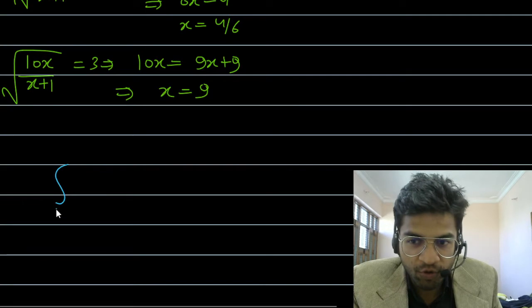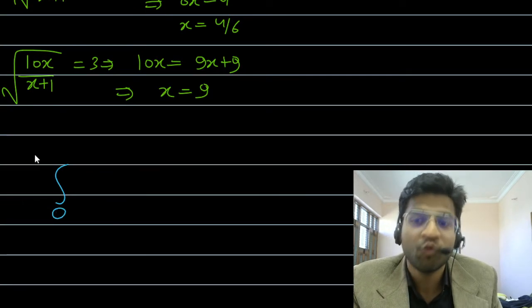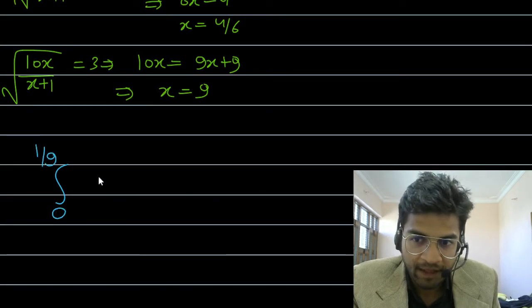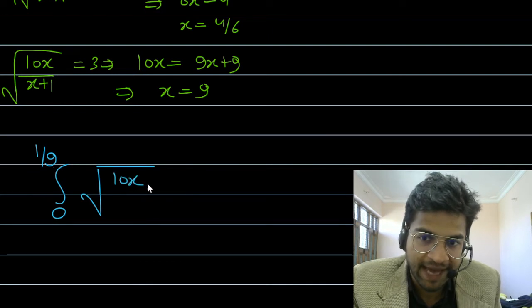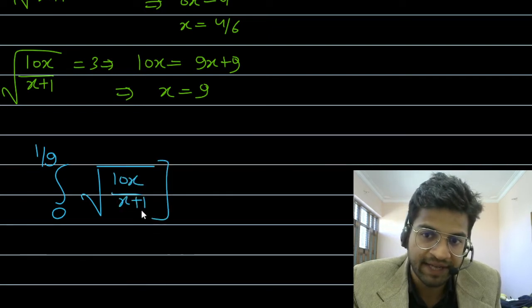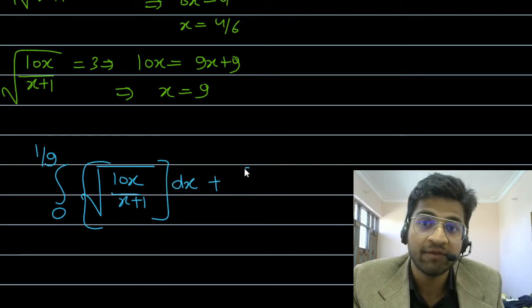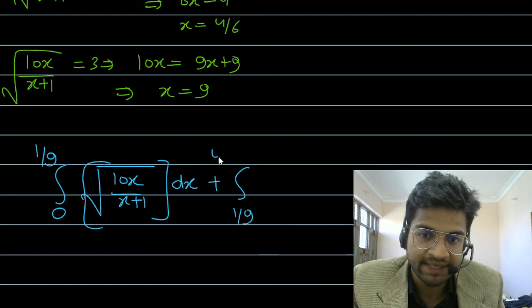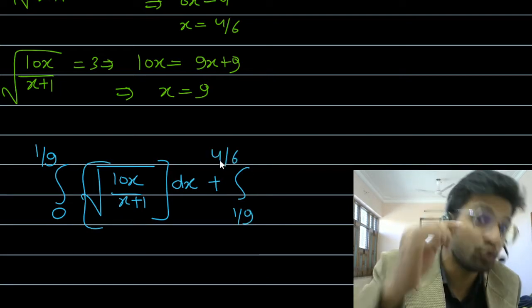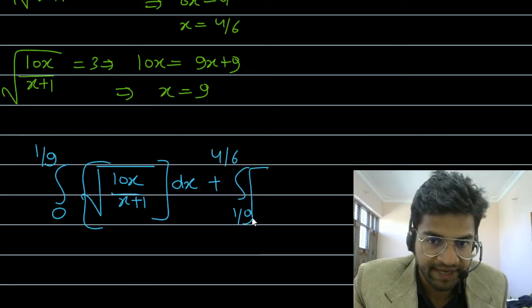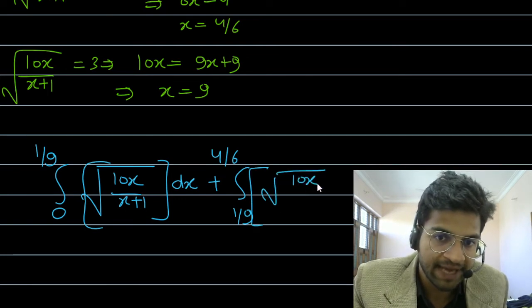So we have the integral from 0 to 1 by 9 of greatest integer of root 10x by x plus 1 dx. The dx is, yes, outside the greatest integer sign. Then we will write 1 by 9 to 4 by 6, because at 4 by 6 it is equal to 2, of the greatest integer of root 10x by x plus 1 dx.